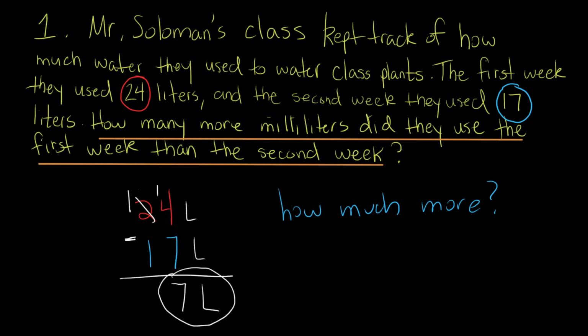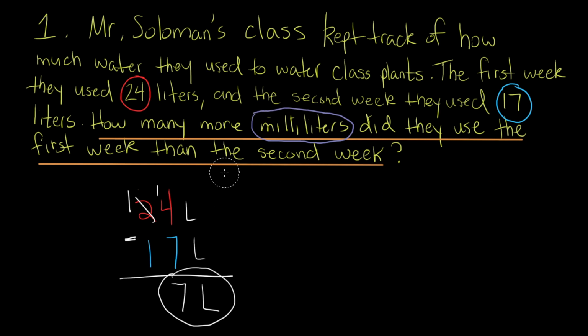However, do we want it in liters? We do not. We want to know in milliliters. So we need to do some conversions. The great thing is we know how to convert. We know that in 1 liter, we have 1,000 milliliters.